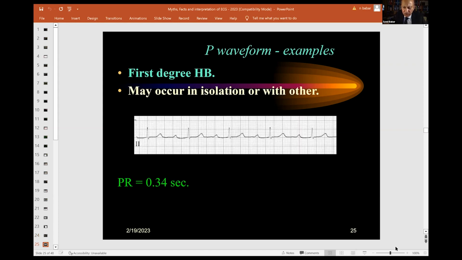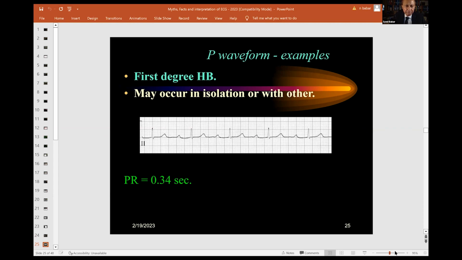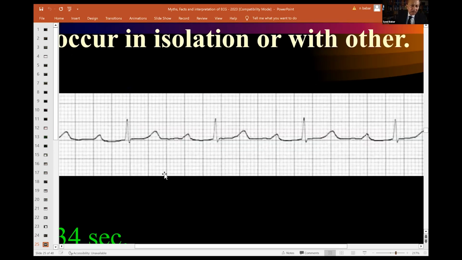So if we look at this again, you can see this is the QRS complex, this is the T wave, and this is the P wave. So the P wave, if we start from here, obviously it should be around here, 5 small squares. So it is much more than that.